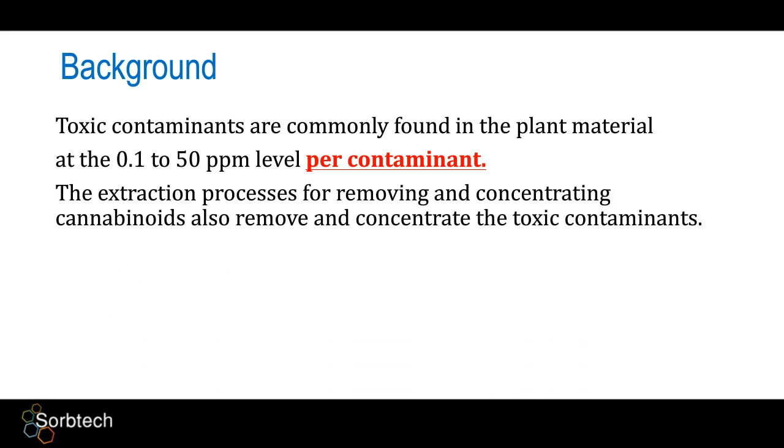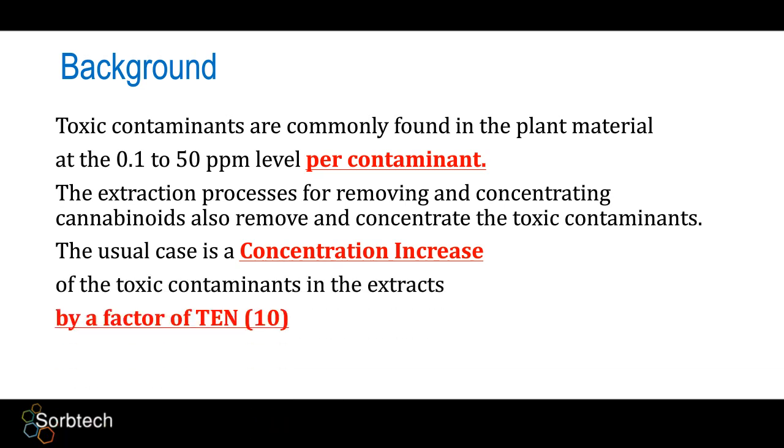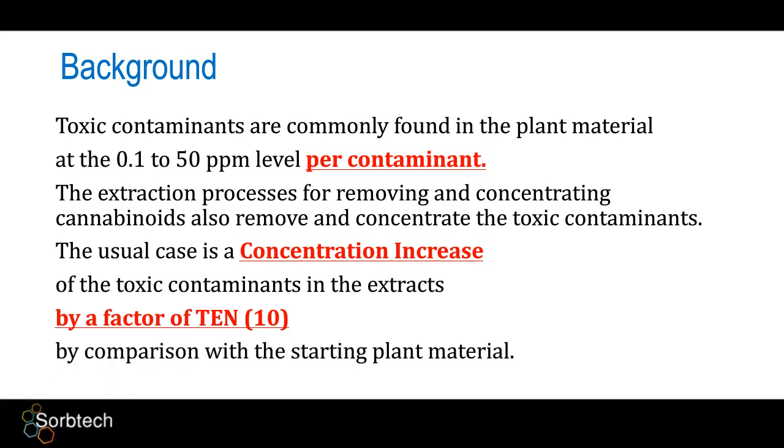The extraction process for removing and concentrating cannabinoids also removes and concentrates the toxic contaminants. The usual case is a concentration increase of the toxic contaminants in the extracts by a factor of 10 by comparison with the starting plant material, which is quite a lot.